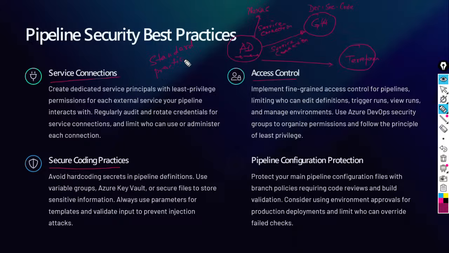You do not need to worry too much because these are all inbuilt services provided by Azure DevOps. So protect your main pipeline configuration files with branch policies requiring code reviews and build validations. Consider using environment approvals for production deployments and limit who can override failed checks. So all these configurations you can do over the pipeline.